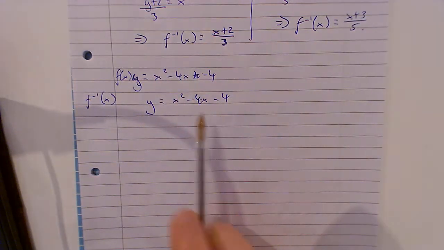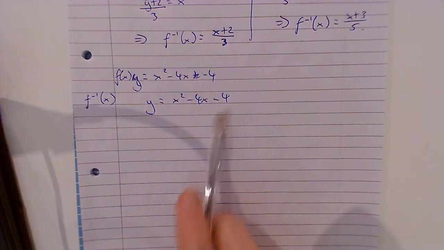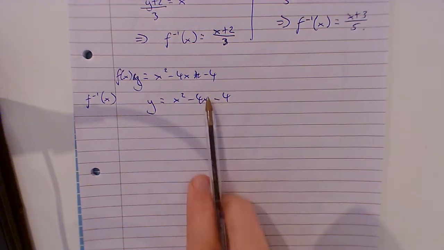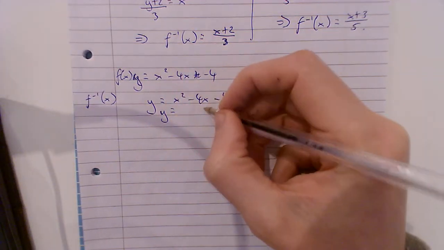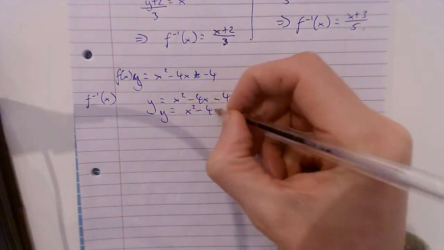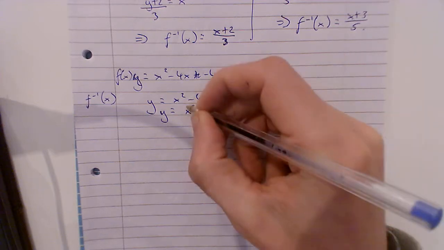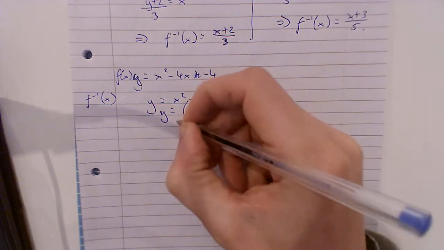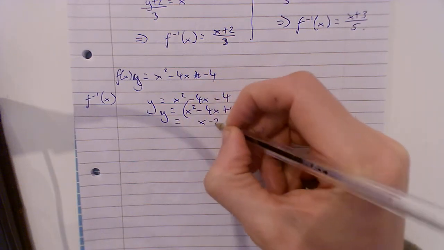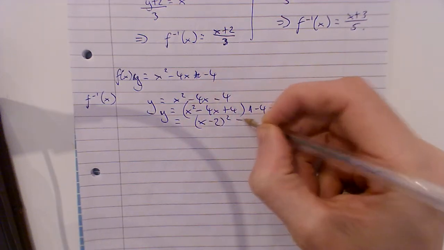Now, the next thing is, we want x, but we've got x squared here. Tricky one. So what we do is we say y equals, make this a perfect square. If I add plus 4 there, I'm minus 4 here. That's now going to be x minus 2 squared minus 8.